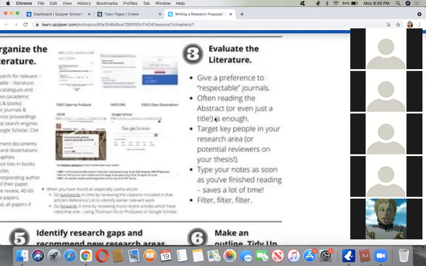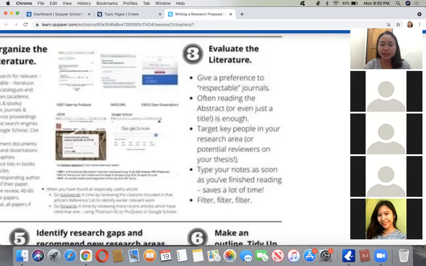And often reading the abstract or even just a title is already enough if it suits your paper, no? And what else?